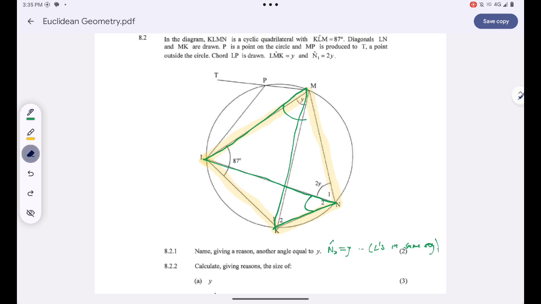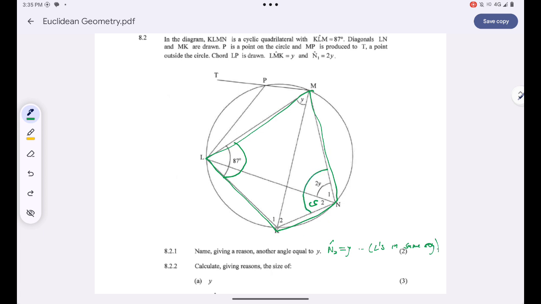We must calculate, giving reasons, the size of angle y. Remember that, guys, we just said this angle is equal to y as well. So if we focus on the same cyclic quad, I know that the sum of the opposite angles should always be equal to 180.